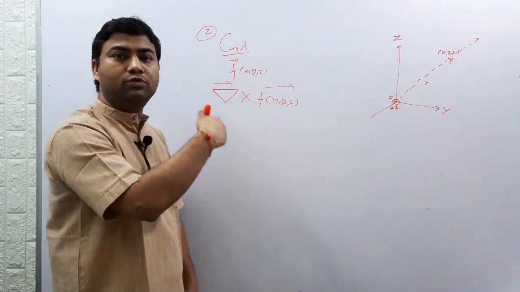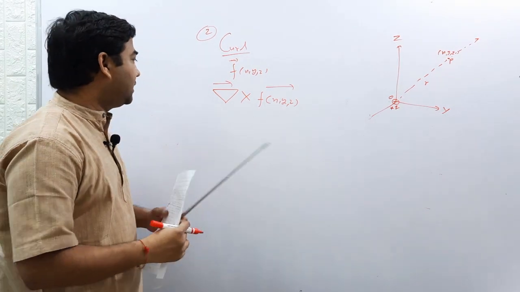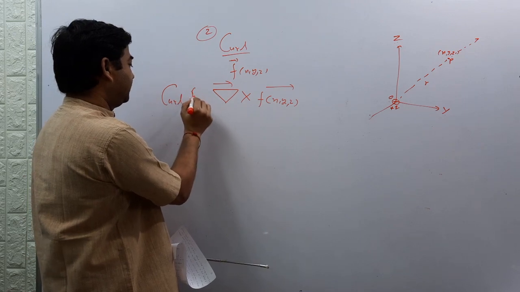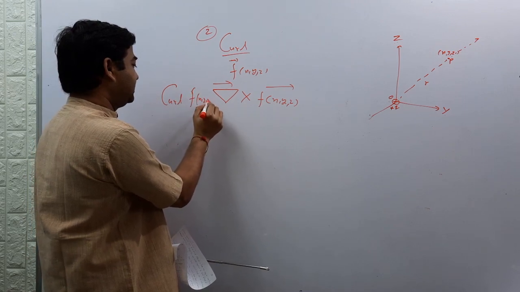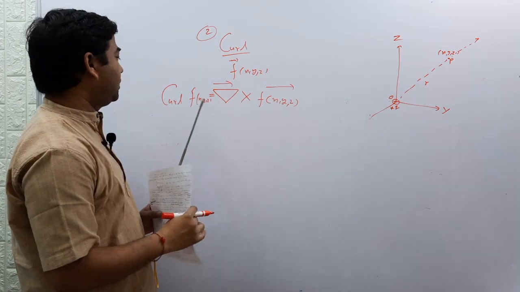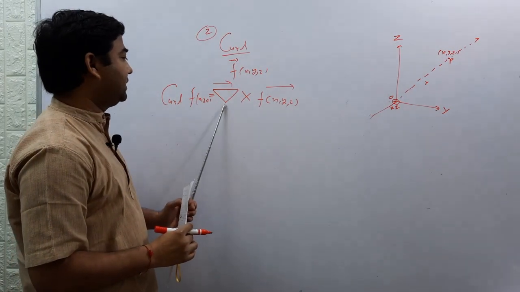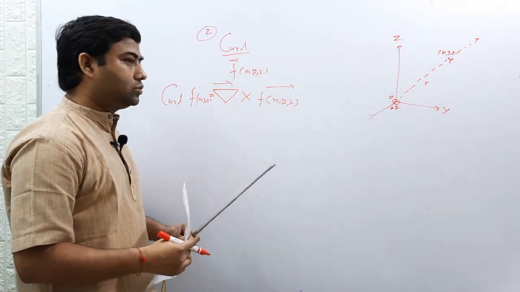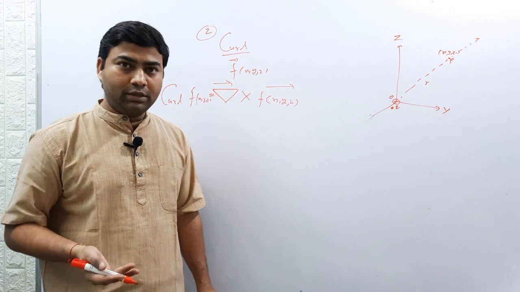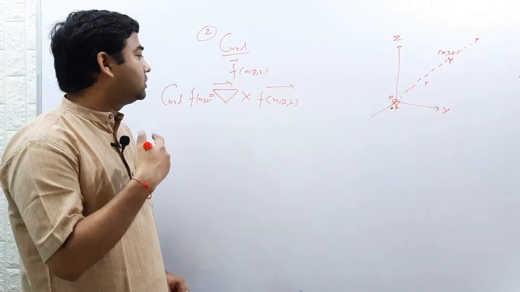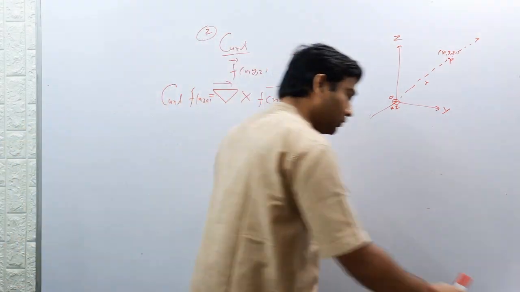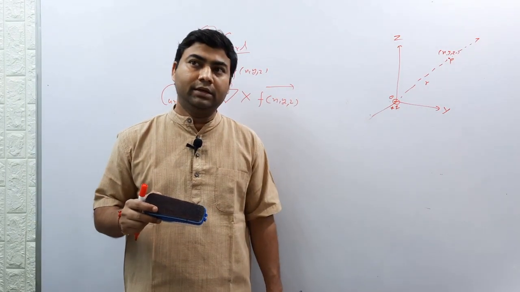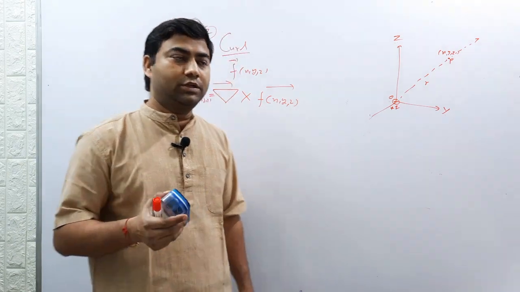Curl of a vector field F(x, y, z) is represented as del cross the vector function. So in divergence we used the dot product, and in curl we use the cross product. First we will find how to find curl at a point for a vector field, and then we will discuss the physical interpretation of curl.